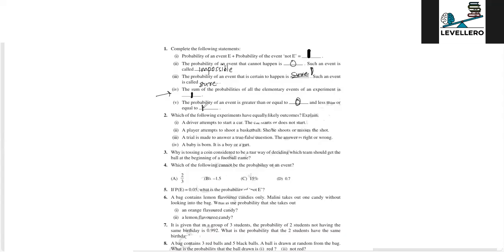Question number 2. Which of the following experiments have equally likely outcomes? A driver attempts to start a car. The car starts or does not start.